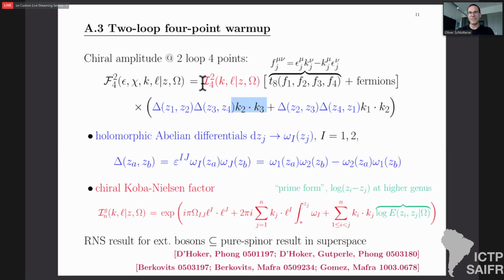If you now set the momenta and the Koba-Nielsen factor to 0, then all you have to do is integrate these deltas over the moduli space, meaning you integrate over the punctures that give certain imaginary parts of period matrices, and then you get the volume of moduli space.